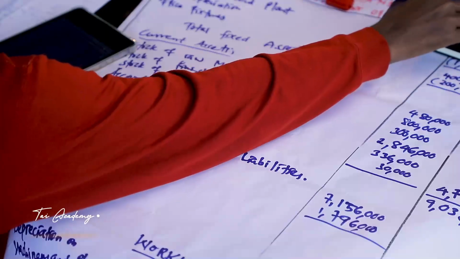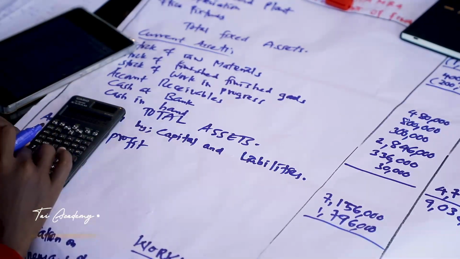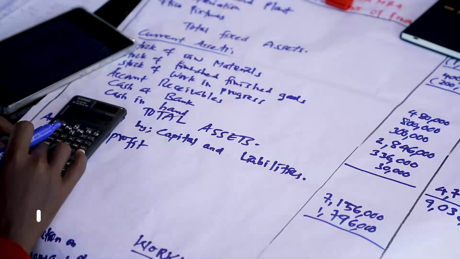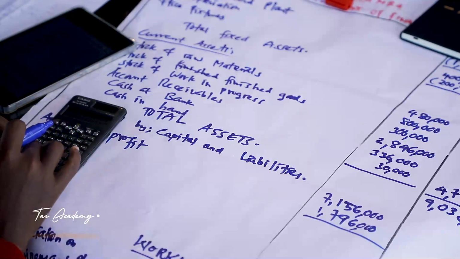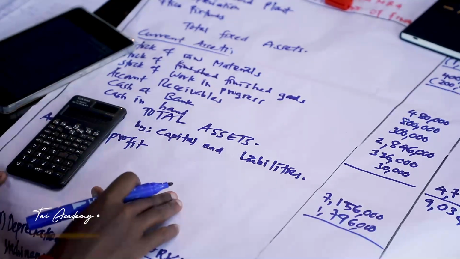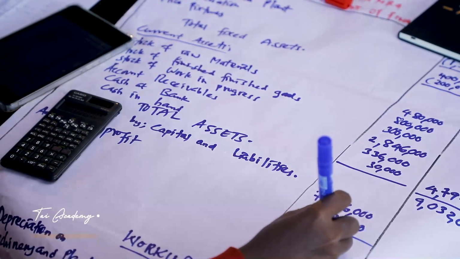So we'll sum up 156 add 1,396. So add napata 8,952,000.